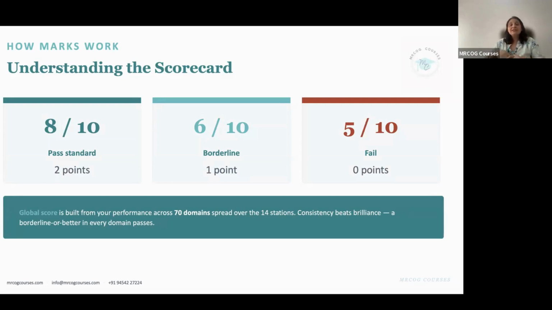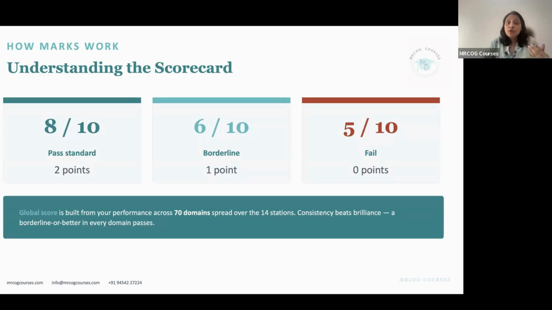So consistency beats brilliance, right? Instead of doing 4 good stations and failing 5 stations, it is better to do some stations as borderline and not fail. If you do not know anything about a station, it's okay that you cannot pass because you do not know everything to speak there.